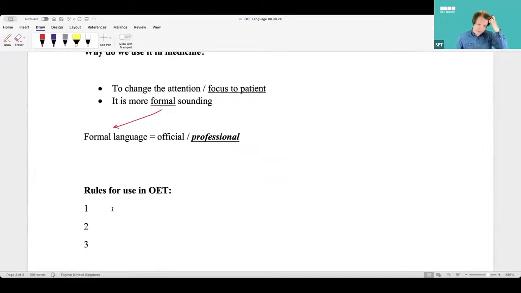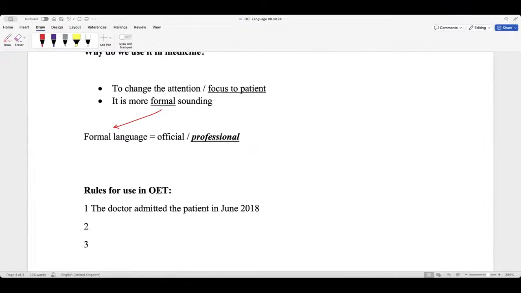Is this correct, guys? The doctor admitted the patient in June 2018. Is that correct? No. Why is that wrong?